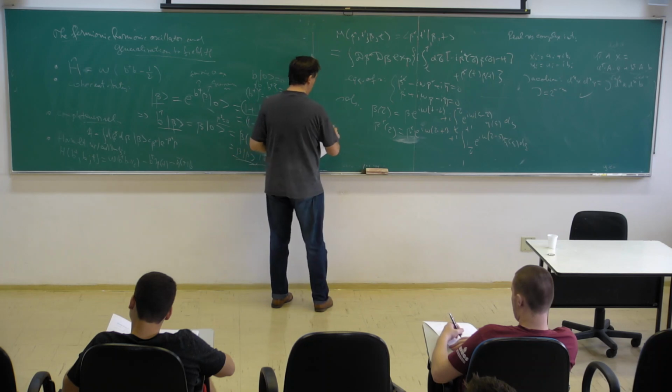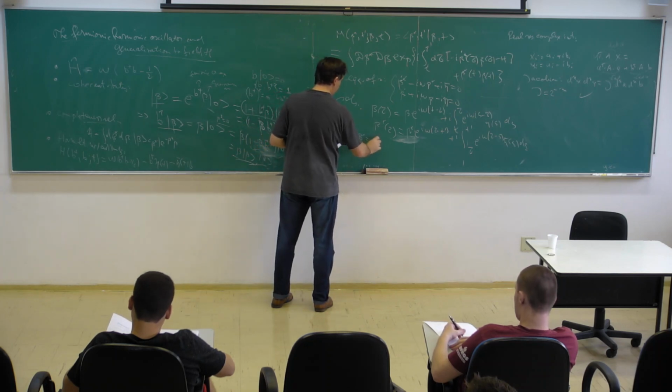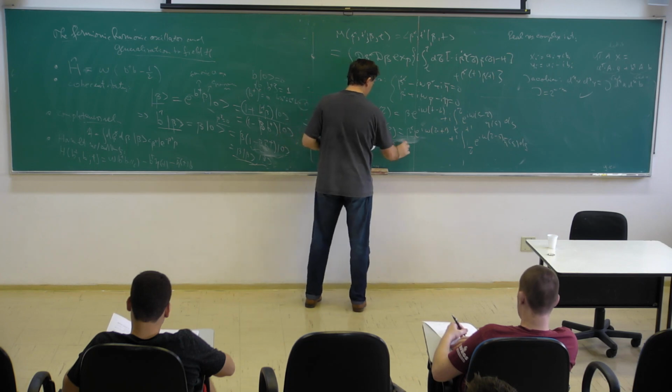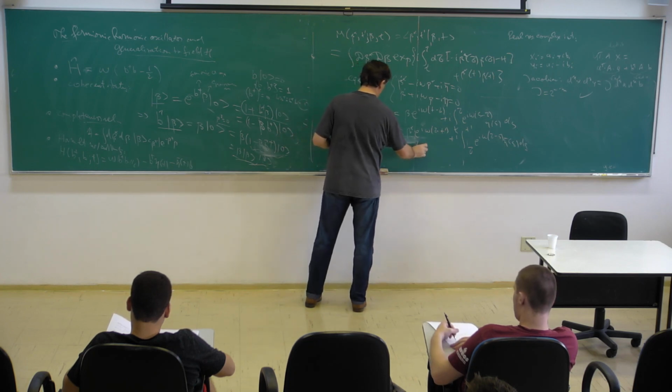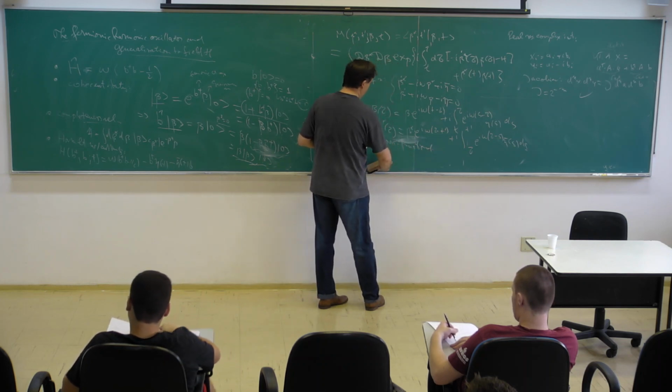And then for beta equal beta star equals 0, we get the vacuum functional, the thing that we're interested in.